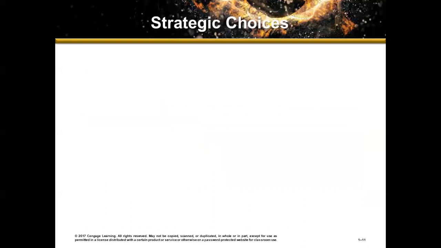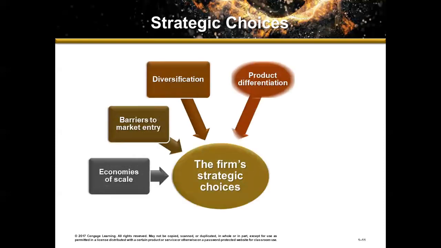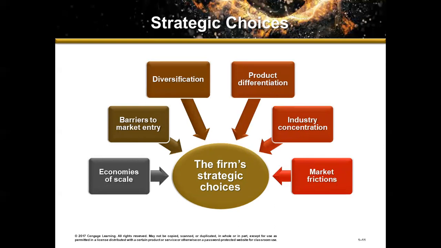Now, firms have to make strategic choices. And these are the firm's strategic choices. You can make use of what we call economies of scale, barriers to market entry, diversification, product differentiation, industry concentration, and market frictions.